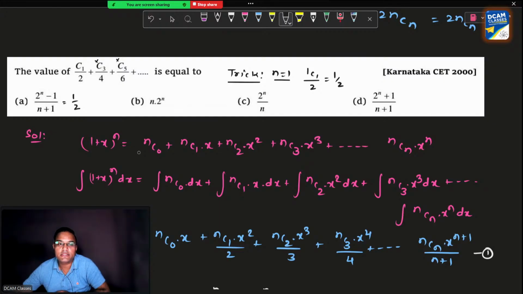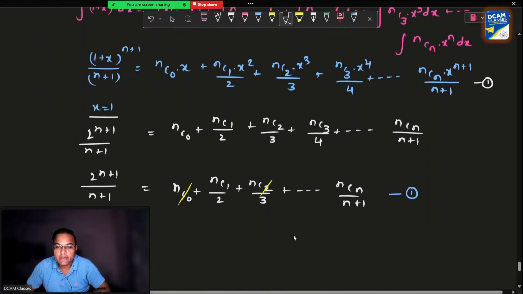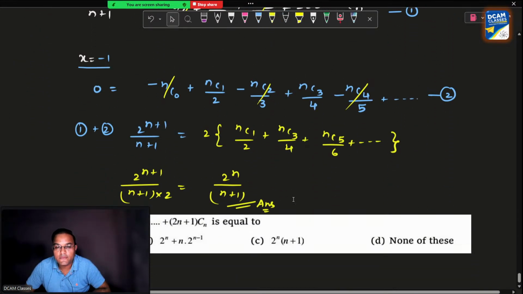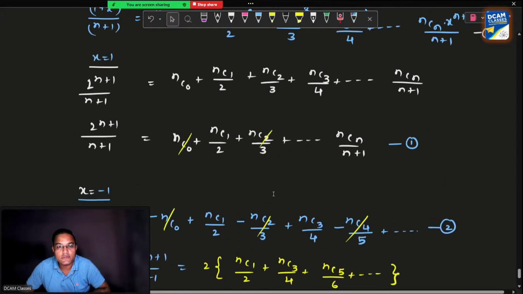Only this option is satisfying, na? So this is a short trick. Because you know r can never be greater than n. It's not possible. So if you put n is equal to 1, those terms will not be there, only this term will be there. So from the options, check for what n value you are getting the answer. According to them, it should be correct, but I don't know why we are not getting this. We are getting 2 power n, why are we not getting this?